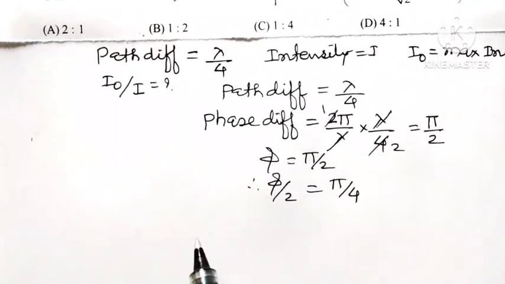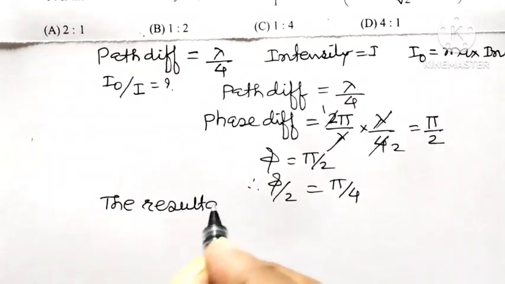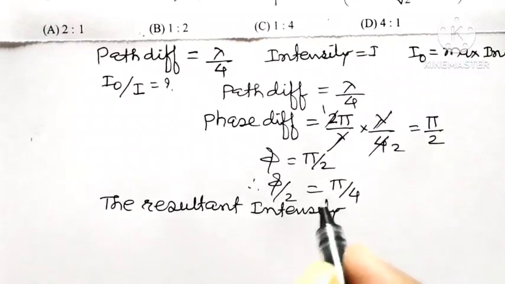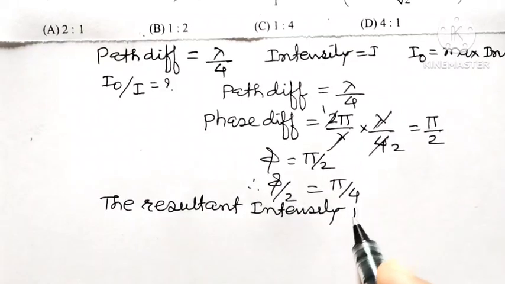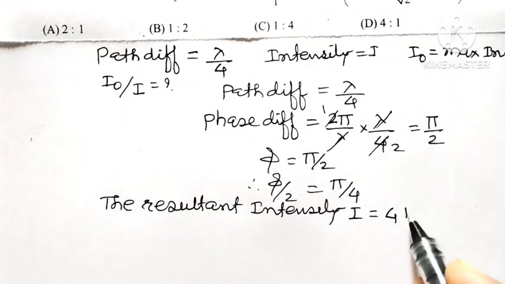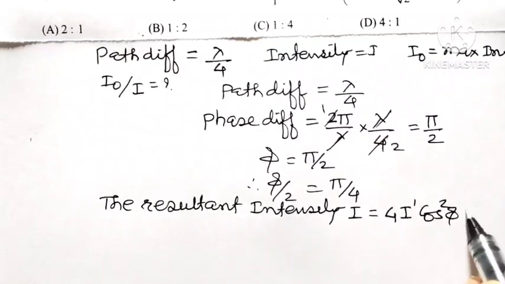And if I is the resultant intensity at a point where the two light waves arrive with a path difference of lambda by 4, I is equal to 4 times I dash into cos square phi by 2.